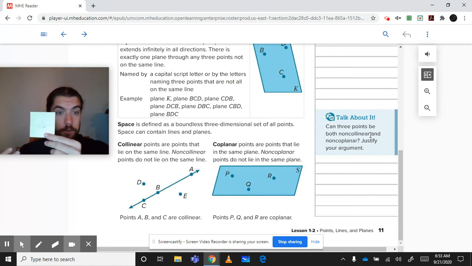And that triangle will exist in some plane. So no, you can't have 3 points that are both non-collinear and non-coplanar. As long as you have 3 points and one of them is not on the same line, you've given the conditions to draw a triangle. Triangles can exist in 2D sheets, on a piece of paper, on a plane. Okay, so the answer to this would be no.